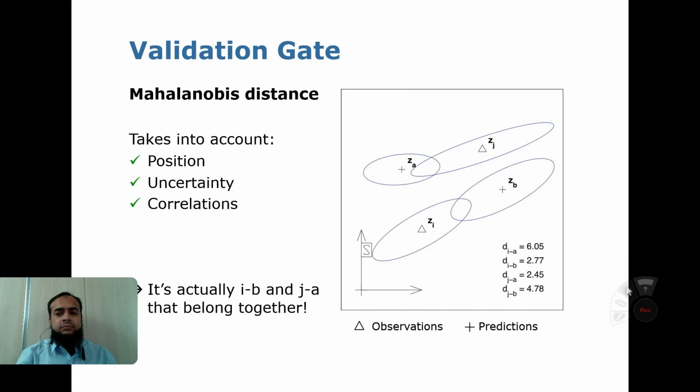Next, we can see that IB and JA belong together. For example, IB is 2.77 and JA is 2.44, so I think the distances for IB and JA belong together.